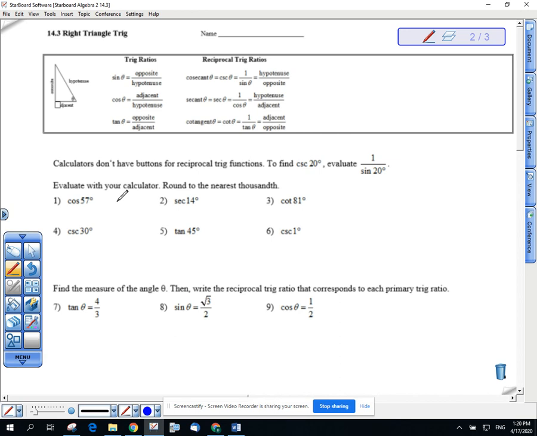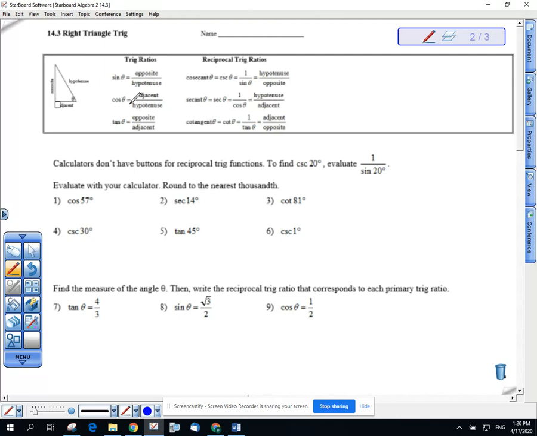Anyway, the summary of SOHCAHTOA is up here at the top, and also what we said about the reciprocal functions. This next item says calculators don't have buttons for reciprocal trig functions. We actually ran into that in chapter 13. So to find the cosecant of 20 degrees, for example, you would evaluate 1 over the sine of 20 degrees.